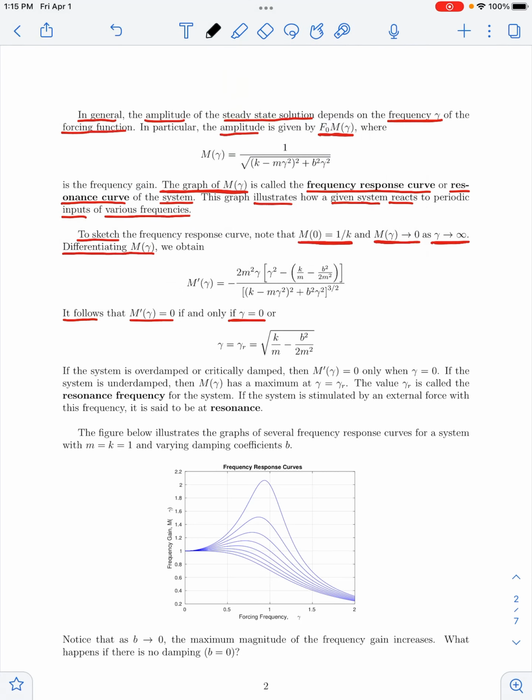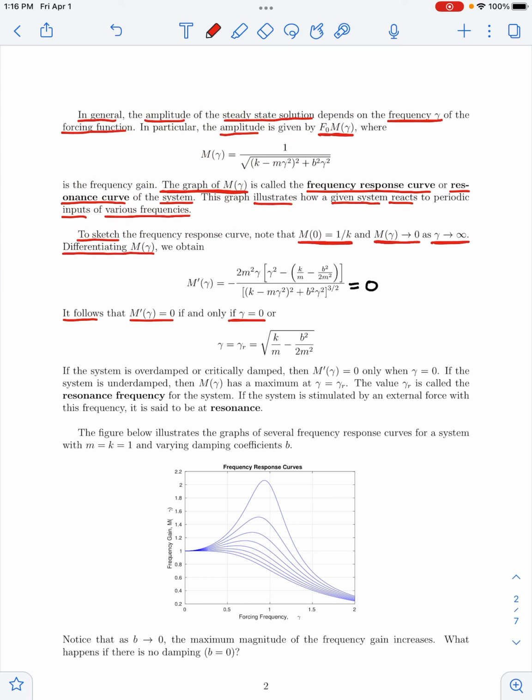We can see this by setting our derivative equal to 0. In order for the numerator to be 0, since our mass is non-zero, either gamma has to be 0 or the expression in the square brackets has to be 0. And so solving that expression for gamma, we find this square root of k over m minus b squared over 2m squared.